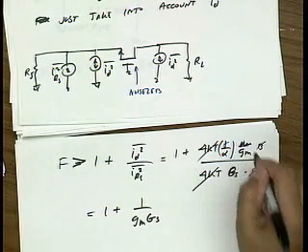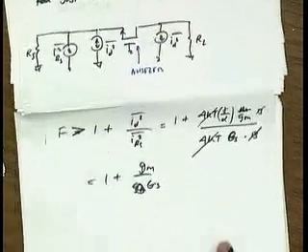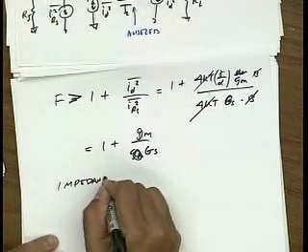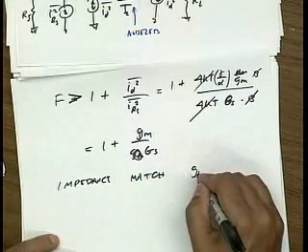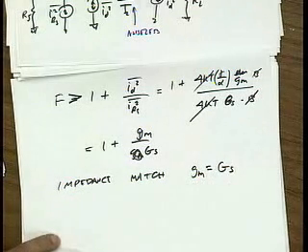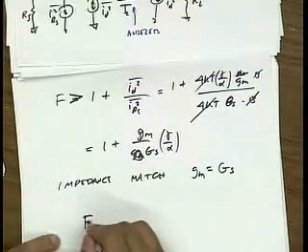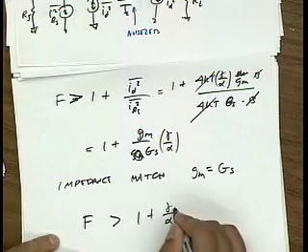Sorry, this is gm, so this is gm over Gs. And because I have an impedance match, gm is equal to Gs. So that means that F is bounded by 1 plus gamma over alpha.